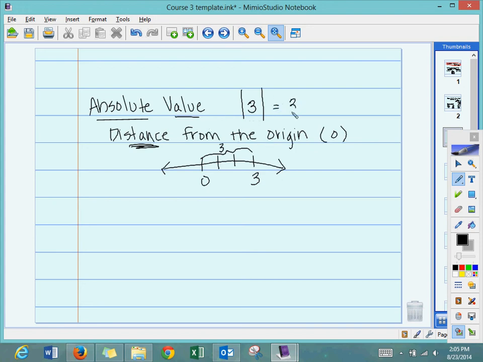So how far away from the origin is 3? This would equal 3. Now what happens when we put a negative number in there? Well, how far away from 0 is negative 3? It should still be 3 away from 0. The thing about absolute value is that it will always be positive.